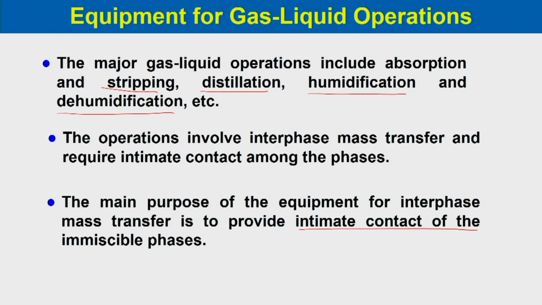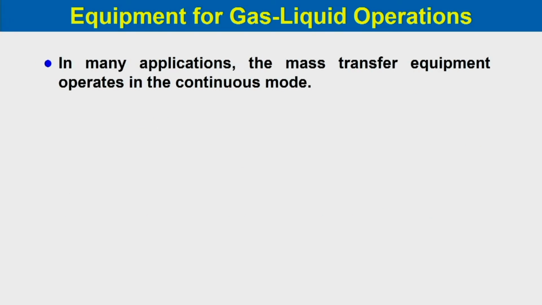So, the mass transfer equipment has to provide the interfacial area so that the transfer can happen among the immiscible phases. In many applications, the mass transfer equipment operates in the continuous mode.